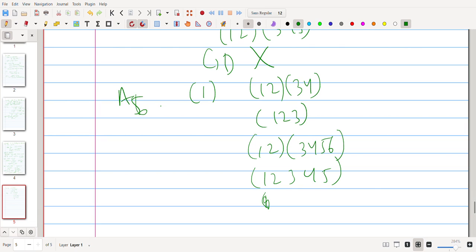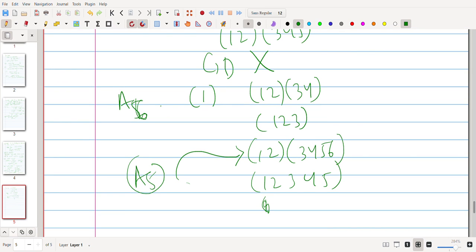So sorry, this is A6, but in A5 you cannot have any element of order 4, because there you do not have the symbol 6. You can try choosing elements from 1 2 3 4 5, and you can easily see that there doesn't exist an element of order 4. Okay, hence A6 is the correct answer.